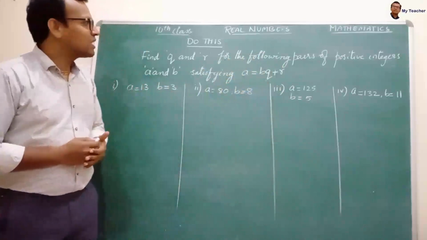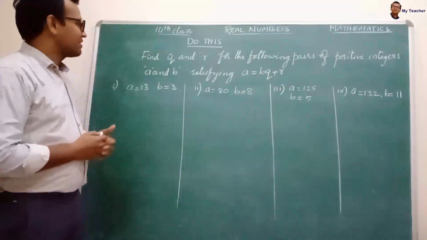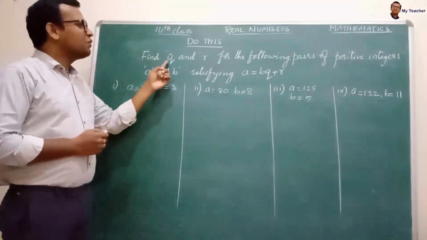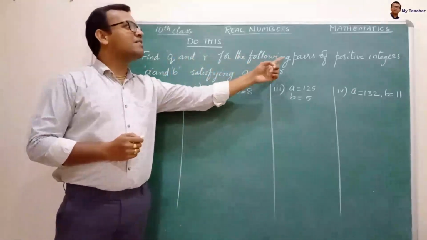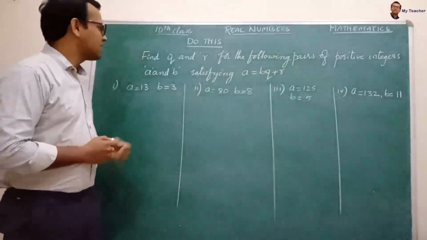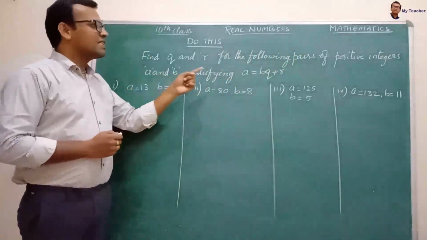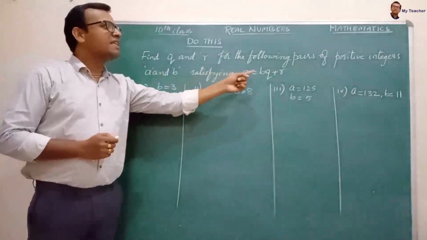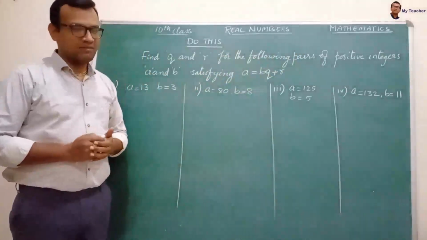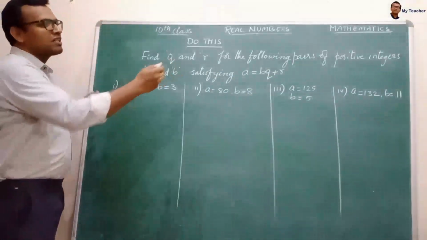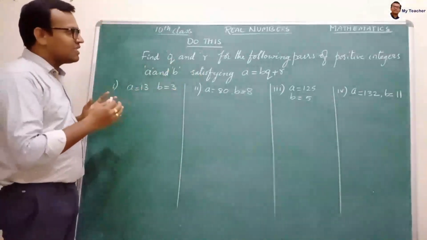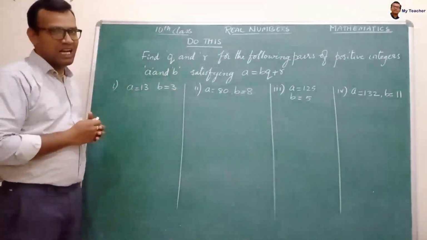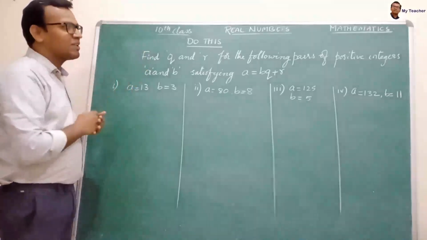In our textbook, the problem is given like this. Find Q and R for the following pairs of positive integers a and b satisfying a is equal to bq plus r. Now here we have 4 pairs of positive integers and we have to find 2 more integers q and r which satisfy the given relation.